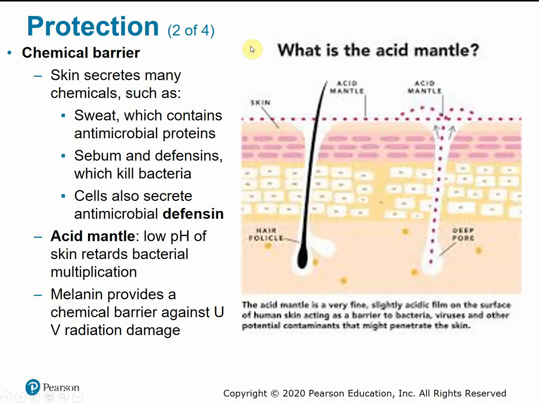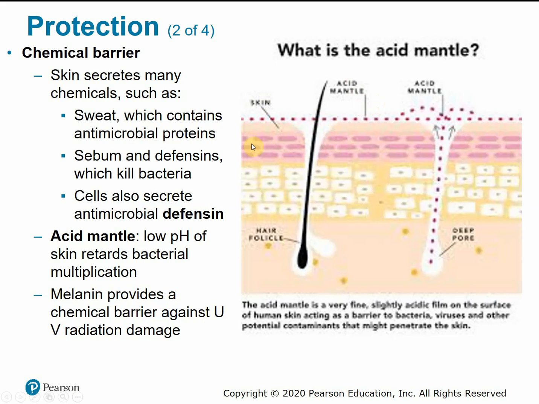The chemical barrier of the skin is the antimicrobial proteins that are secreted in the sweat. Also the sebum or the oil produced by the sebaceous glands. These help prevent bacteria or any pathogens from settling and colonizing on the surface of your skin.